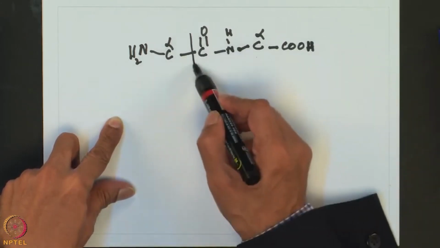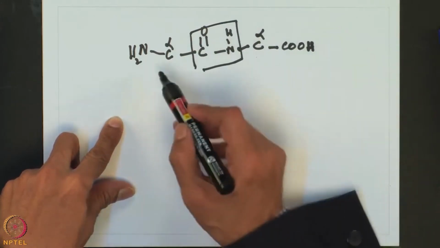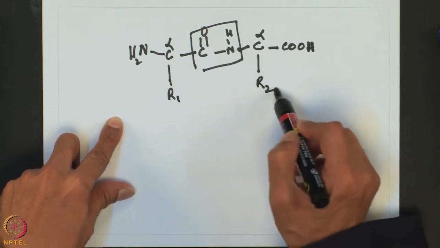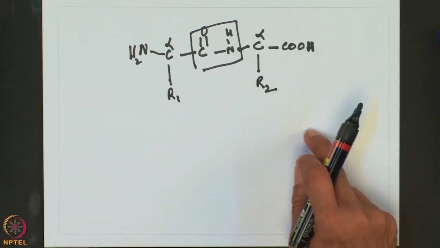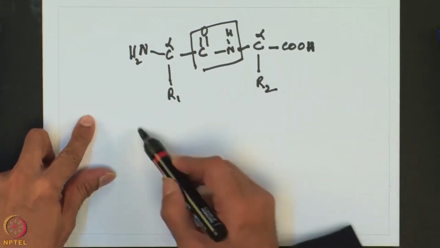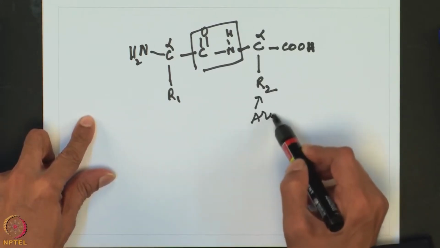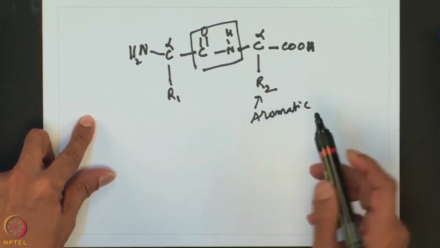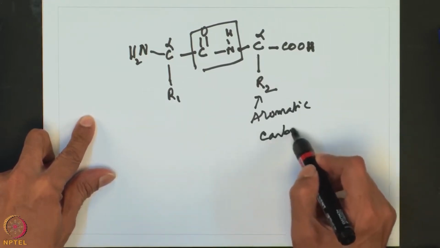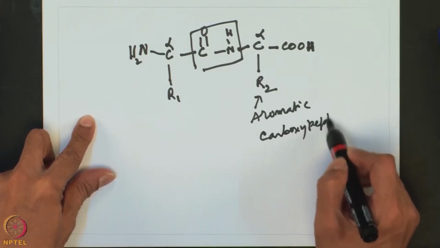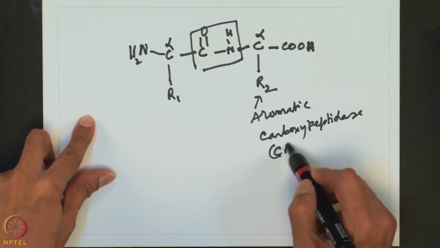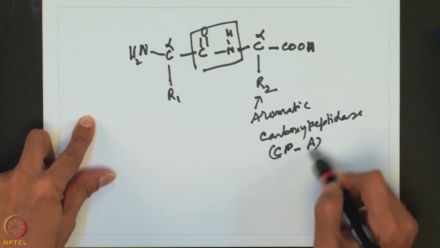So, you are looking at the peptide. Now, you need to look at this R1, you need to look at this R2. So, therefore, if you have at the end this as aromatic, etc., then this will be carboxypeptidase A, which we refer to as CPA.